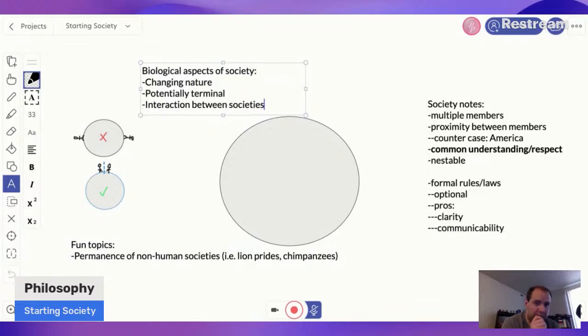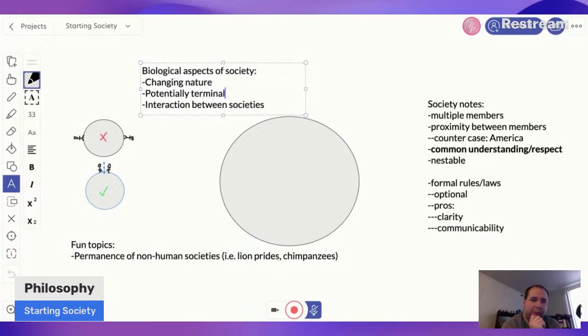And I don't know that we want to go any further into these. The changing nature is probably the most interesting. If we explore that more, we might understand why some would lead to potentially terminal, the termination of the society. I guess also, these are very related, because what some might consider the end of a society might be a rebirth, a revolution, for example, throwing out the old order and establishing a new one.